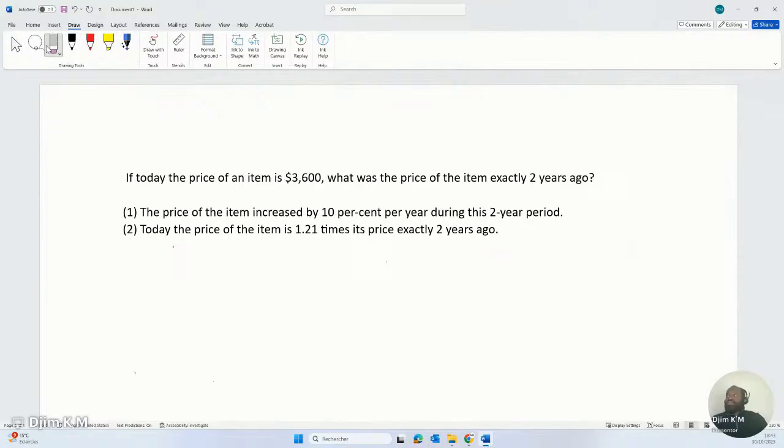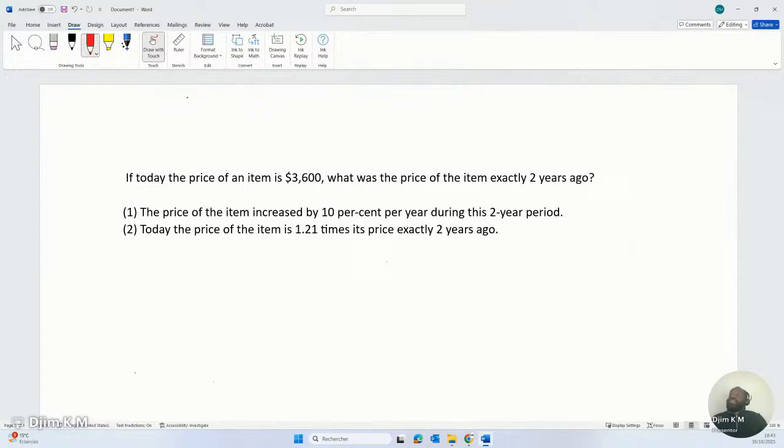So here is the next question. It says, if today the price of an item is $3,600, what was the price of the item exactly 2 years ago?